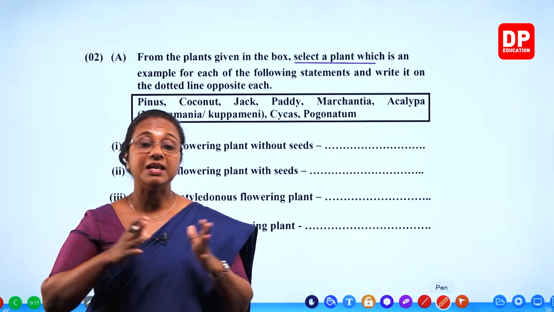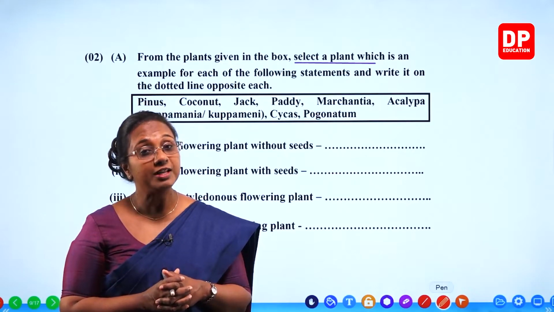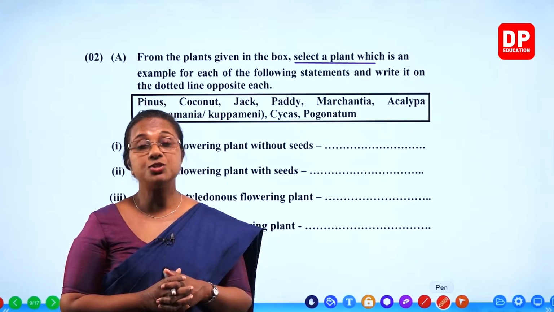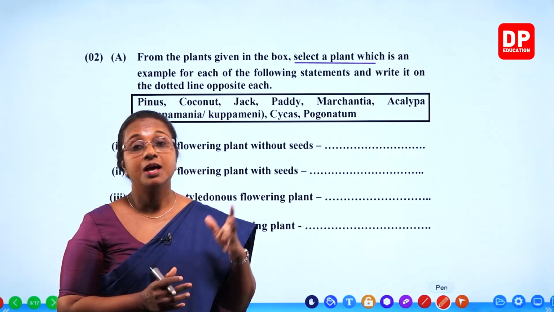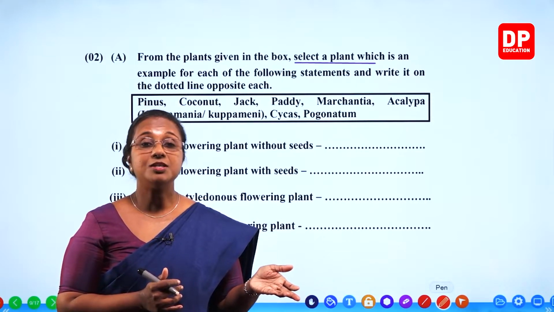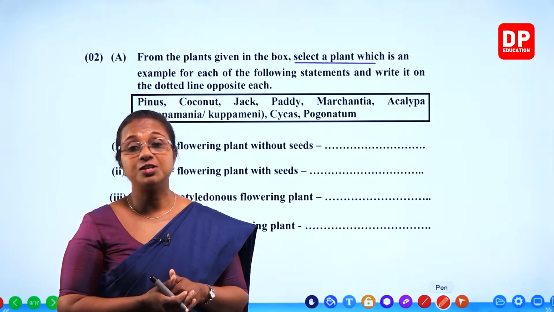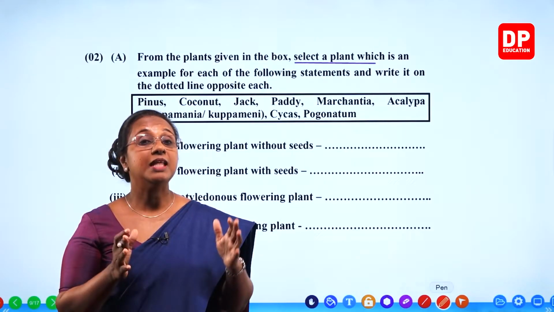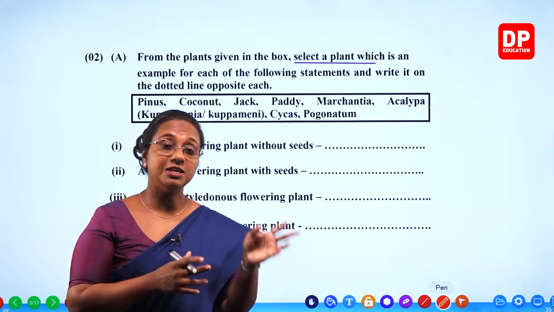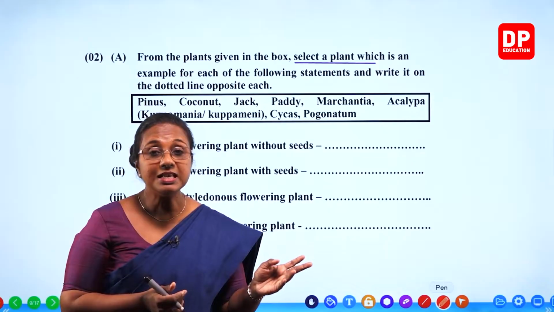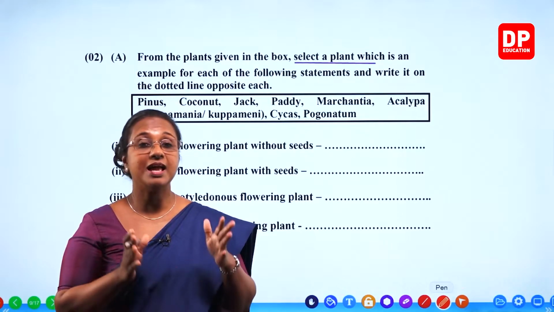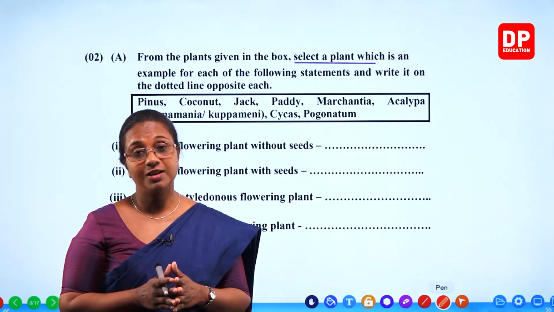Kingdom Plantae is mainly divided based on flowering and non-flowering abilities. Non-flowering plants are the less advanced plants, flowering plants are the more advanced plants, the angiosperms. Then the non-flowering plants are divided into two types, the seedless non-flowering plants and seeded non-flowering plants.